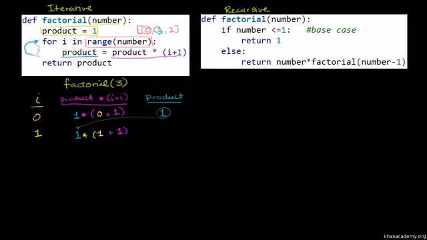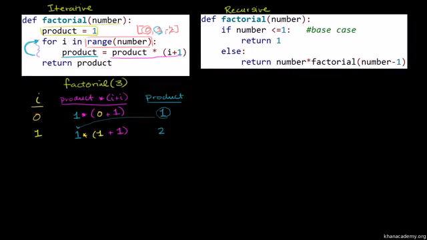And what's this going to be equal to? Well, if you evaluate all of this, you get 1 times 2. So now the new value for product is 2 after our second pass through the loop. And now it will go back to the beginning of the for loop, and I will be assigned to the next element in the list.